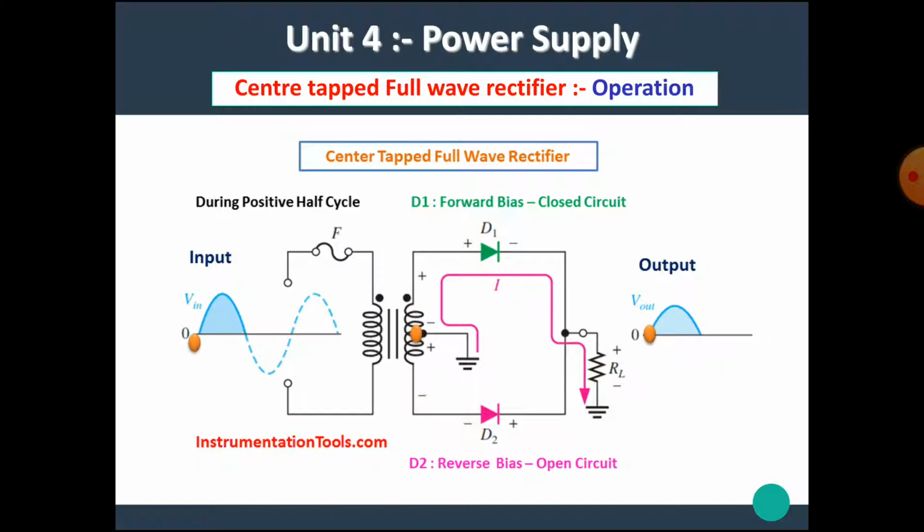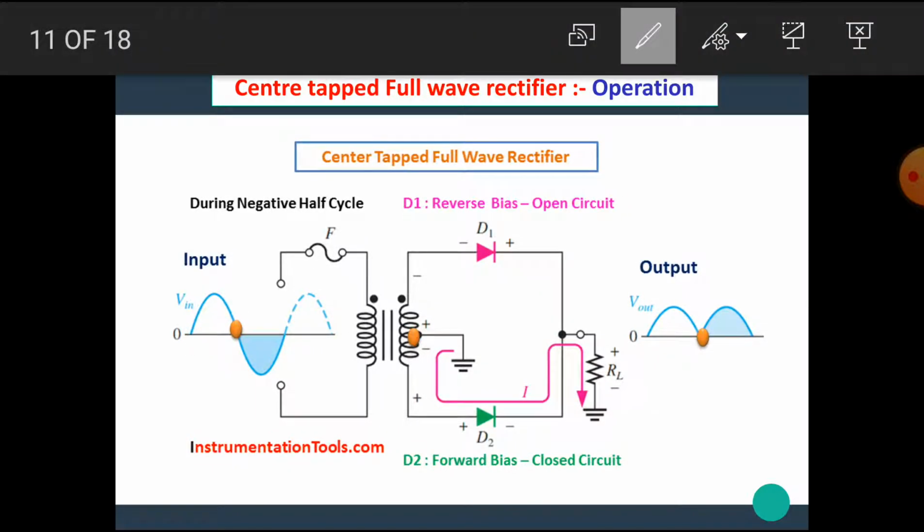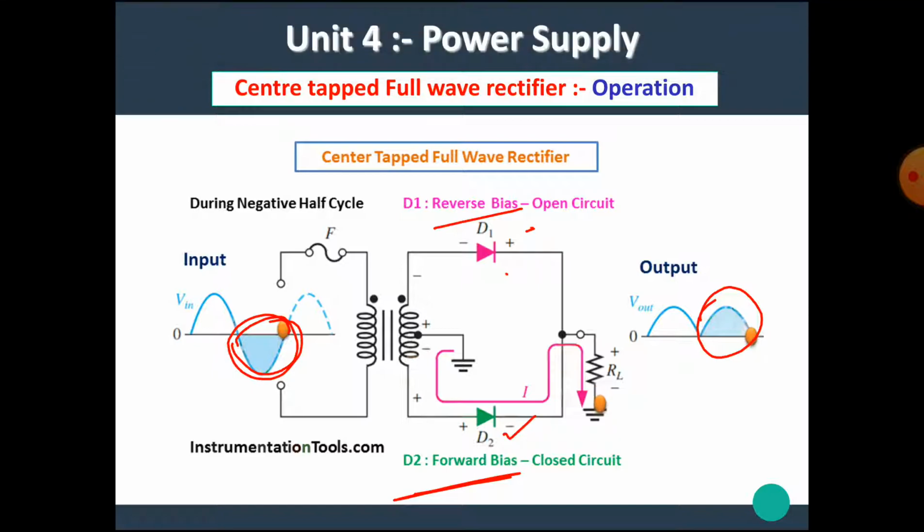Okay. During negative half cycle, what happens here? This is the negative half cycle, and we know the operation of the center tap full wave rectifier in which diode D1 is reverse bias and diode D2 is forward bias. Okay. That means during the negative half cycle, we get the output as D2 is on and D1 is off.